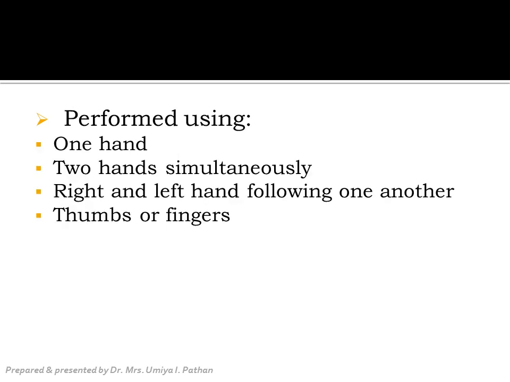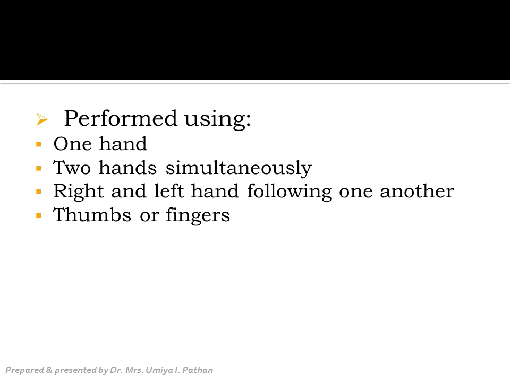Generally, we use faster stroking to achieve the stimulating effect. This stroking can be performed by using one hand, usually on a narrow area, or two hands simultaneously, one on each side of a broad area.